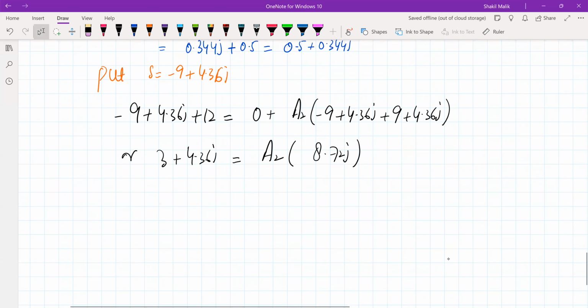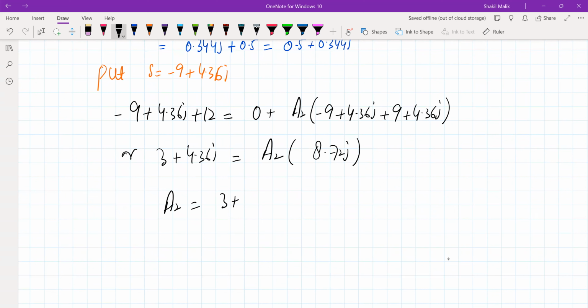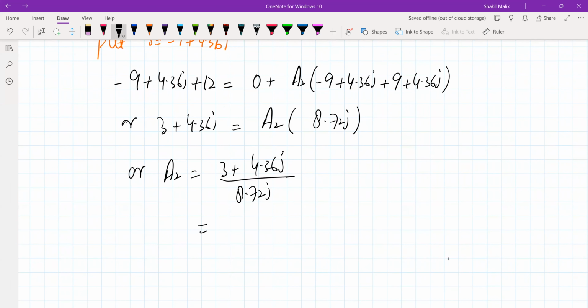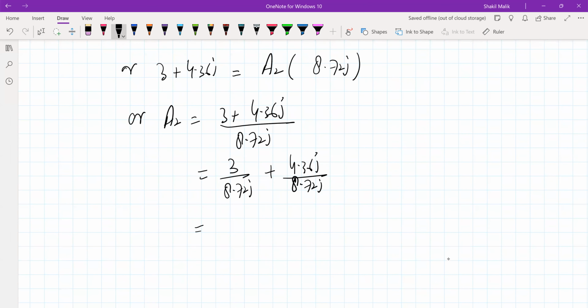So A2 will be simply 3 plus 4.36j divided by 8.72j. Dividing the denominator, it will be 3 divided by 8.72j plus 4.36j divided by 8.72j.